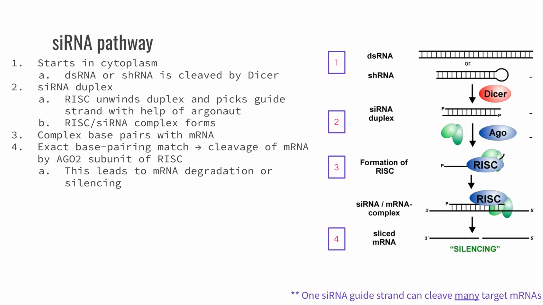RISC unwinds the duplex and picks a guide strand with help of Argonaute, which is part of the complex. And then the RISC-siRNA complex forms. And then as I mentioned before, there's an exact base pairing match between siRNA and the target mRNA, which leads to a cleavage of mRNA by Argonaute. And this leads to mRNA degradation or silencing.